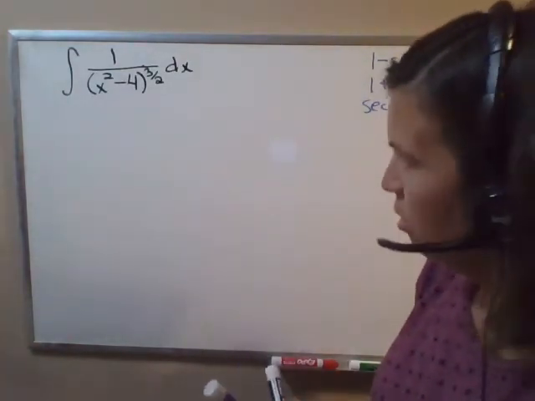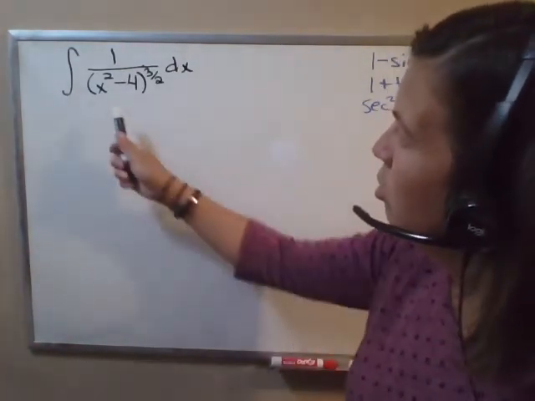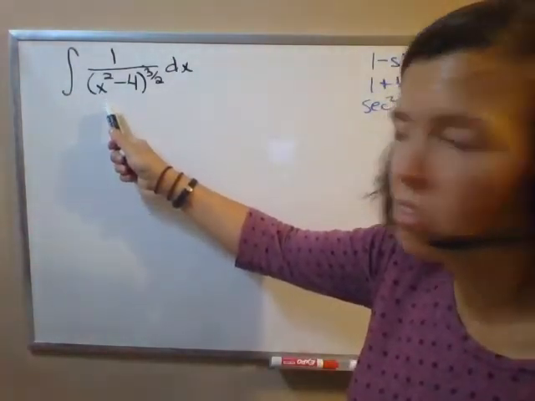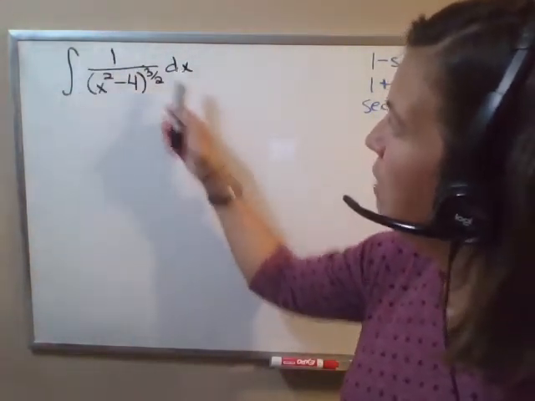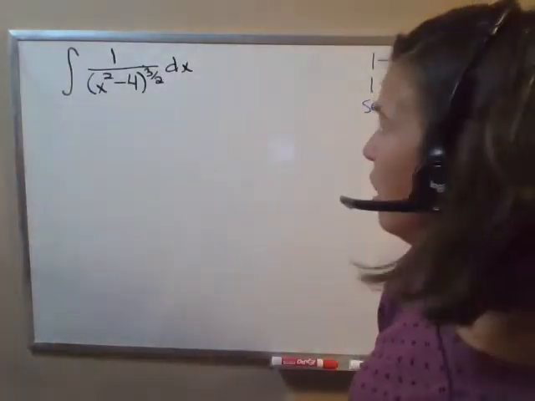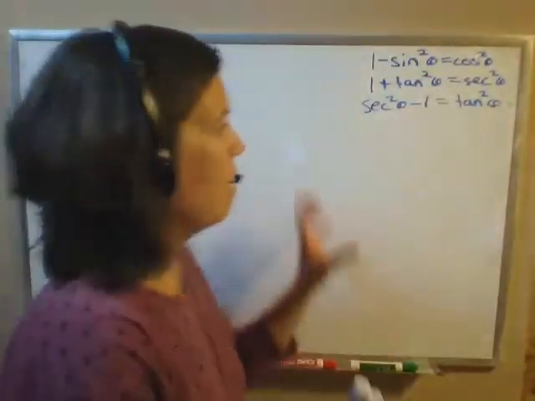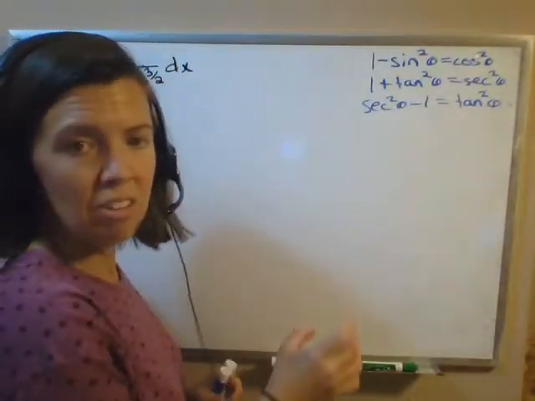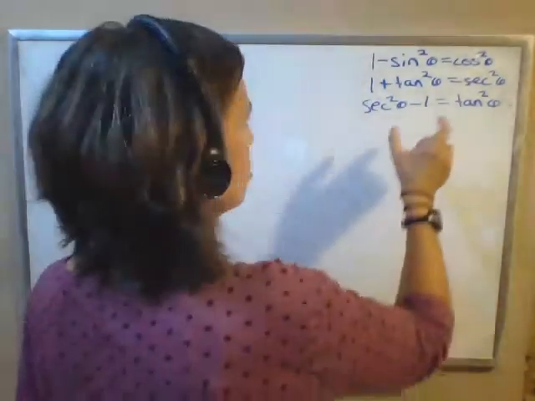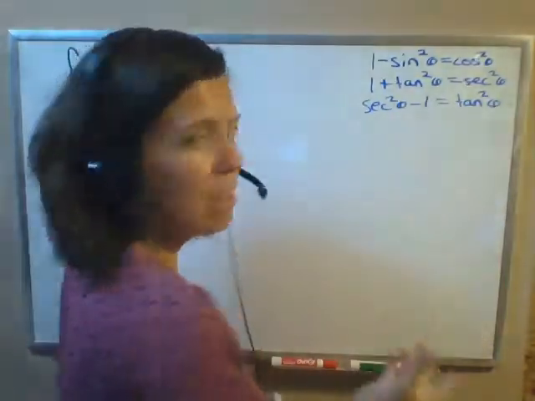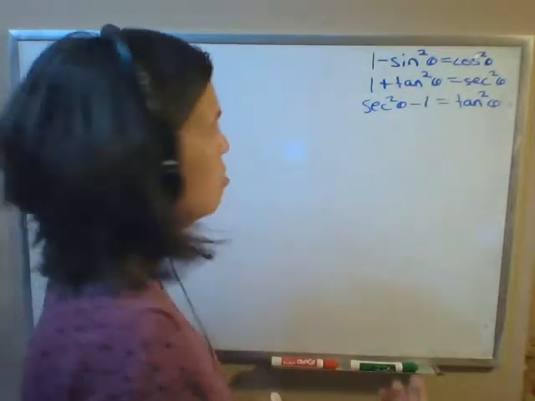Now we have to decide, okay, so what trig function should I use to replace the x in order to make this something that simplifies nicely so I can integrate it. So over here, I have that menu of trig identities that we use with trigonometric substitution. These are the 3 that come in handy when you're applying trig substitution.